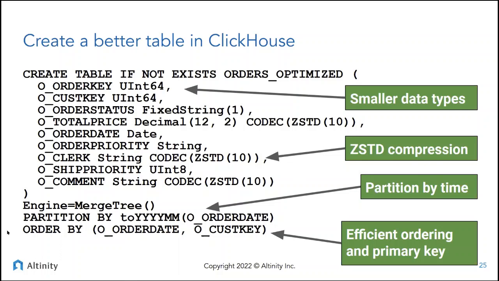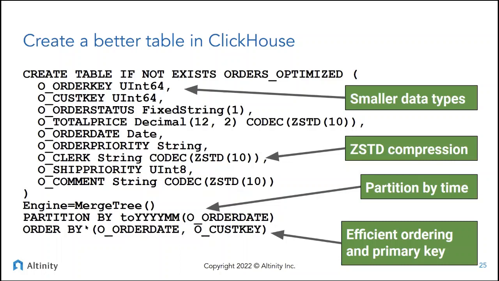The other thing that we do is we actually get the partitioning and the order by correct. So in ClickHouse, it's pretty common that if you have time ordered data, you'll partition by month, for example. That's suitable for this data set because it spans a number of years. So you'll go ahead and take the order date, turn it to a month, and that's how you break the table up into parts.